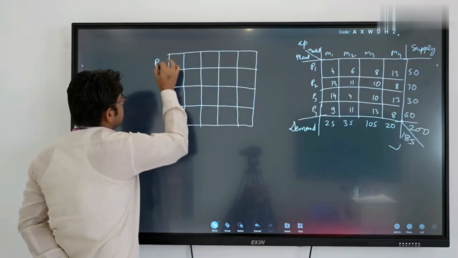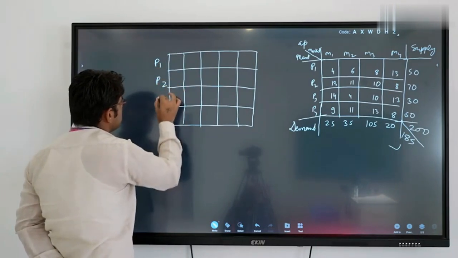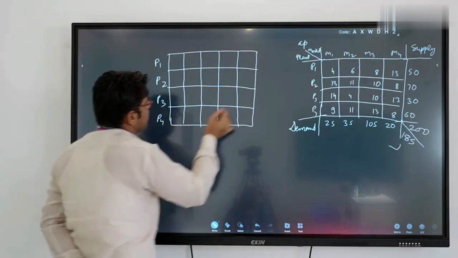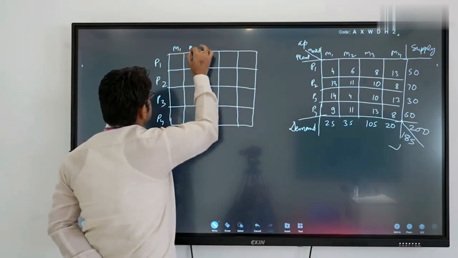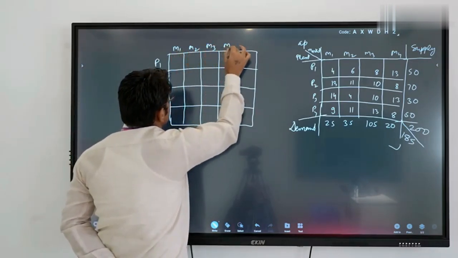Here given plants P1, P2, P3, P4 and markets M1, M2, M3, M4.